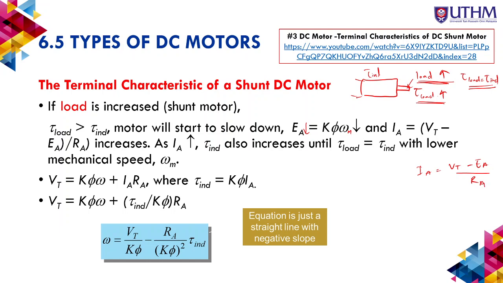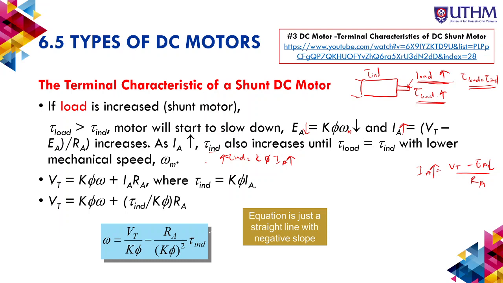So when Ea goes down, Ia will be increased. As Ia increases, the torque induced will be increased. Why? Because the torque formula is K phi Ia. So when the current increases, the torque will increase.